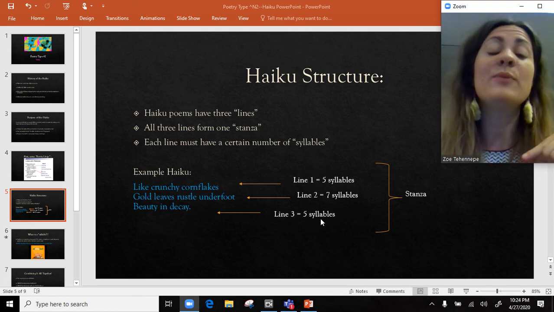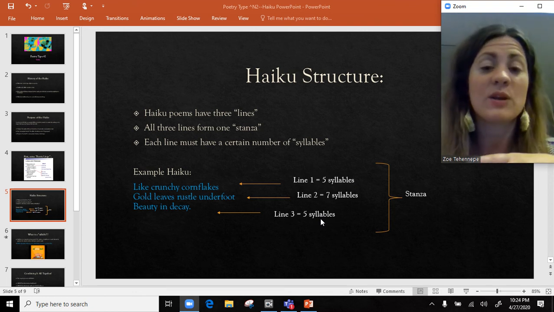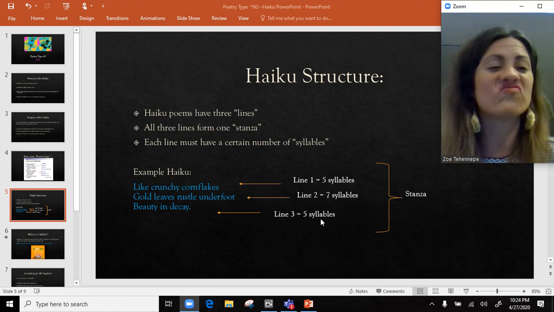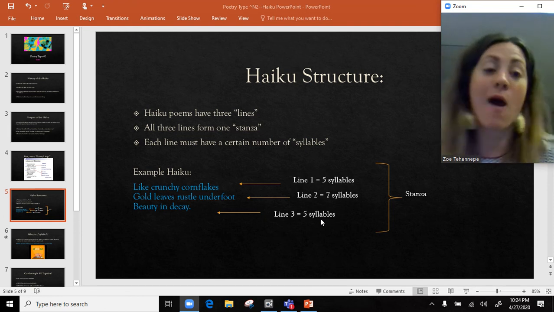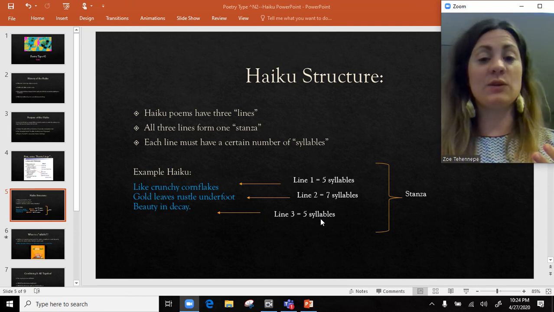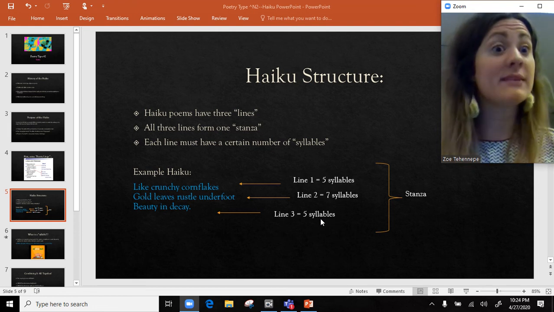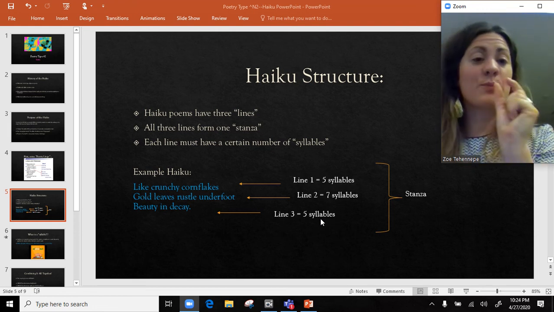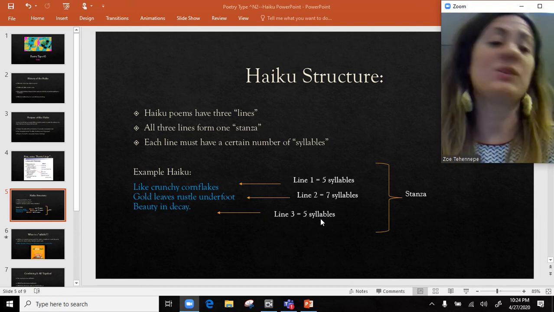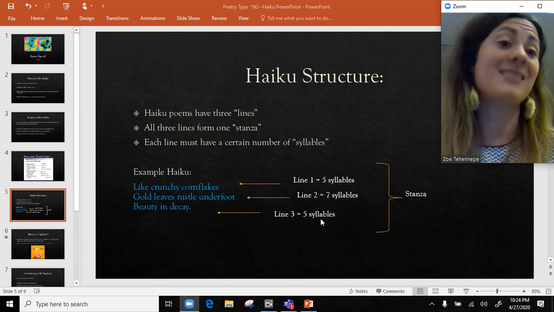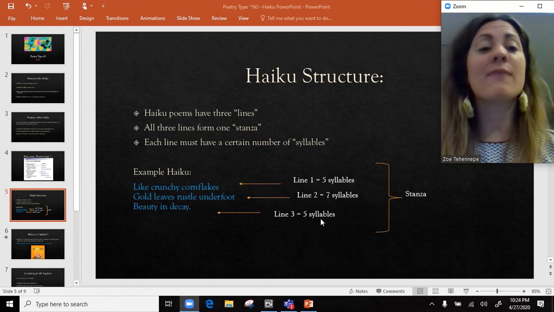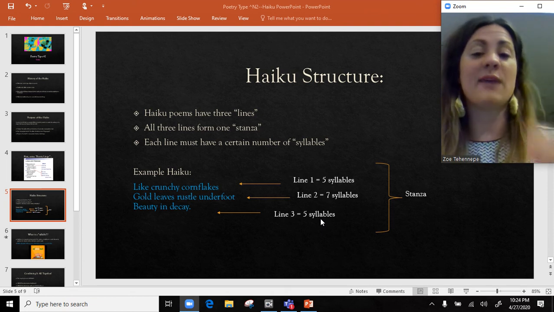And if you forget what a syllable is, don't worry, because on the next slide I'm going to go over it. You know what? I'm going to just mention it now. A syllable is the amount of time it takes you to say a word. Basically, a syllable is a way to break words up into smaller chunks. And my favorite trick for counting syllables is just to clap. Okay, so I'm going to read this poem again, clapping my syllables, and then I'll do it again, counting on my hands.